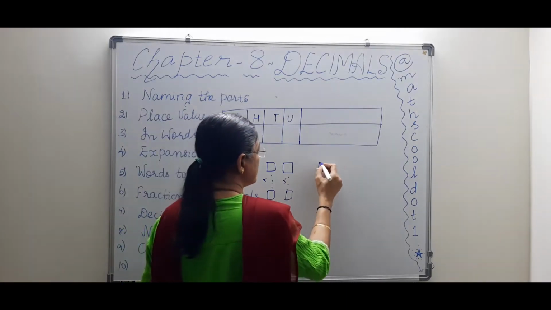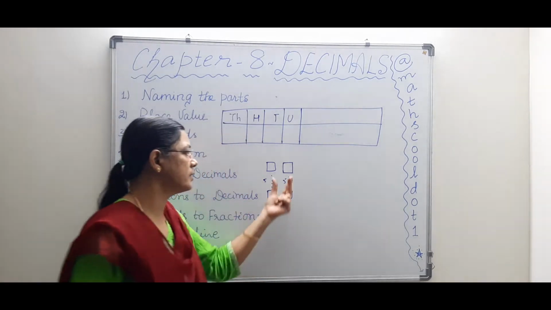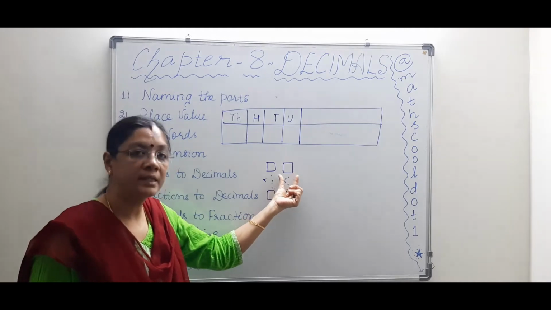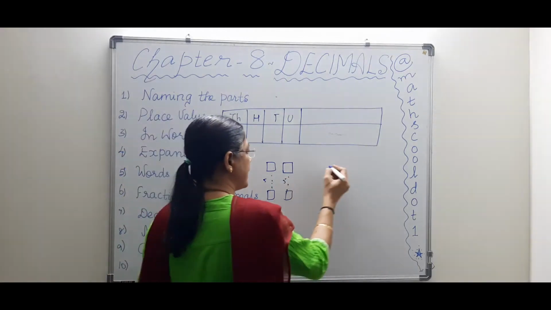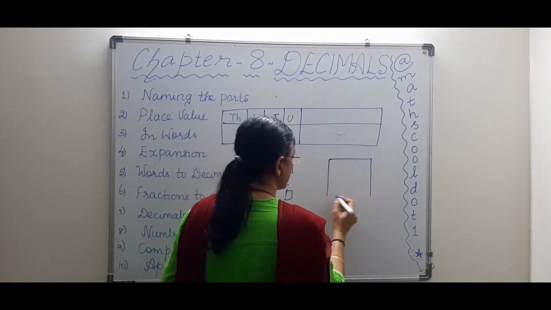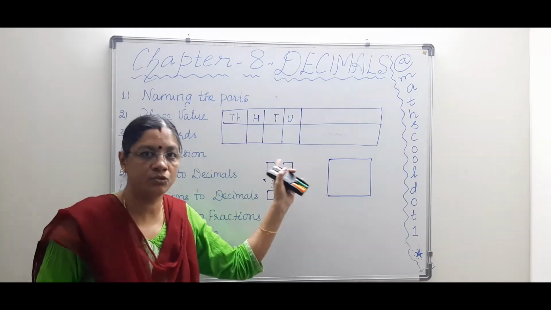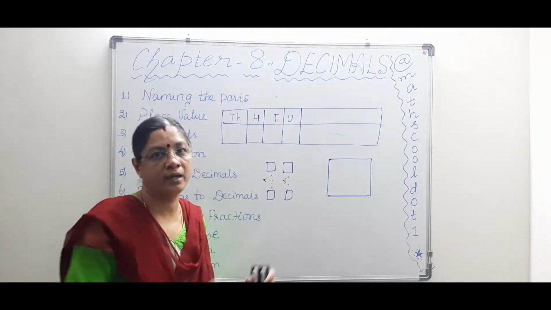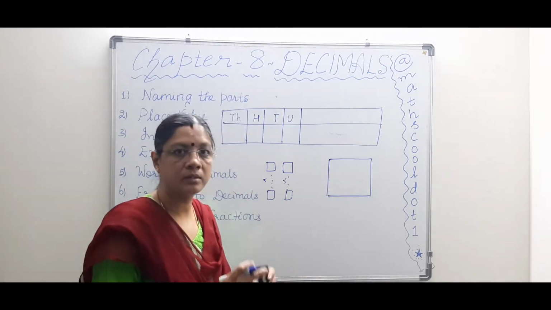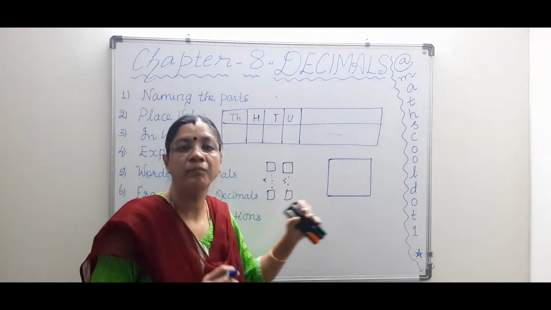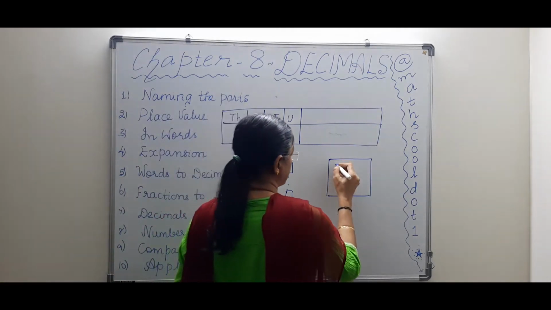I take one square here. Just imagine, this is not an actual square, I am drawing this square a little bigger for you to understand. The same square, I draw a little bigger. So these two squares are actually the same, I'm just magnifying it and showing it to you. So now this is one square, and I'm going to divide it into 10 equal parts.